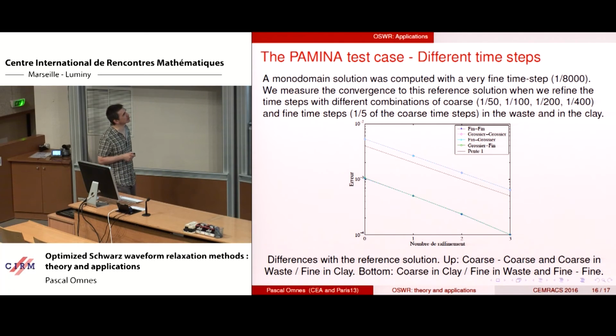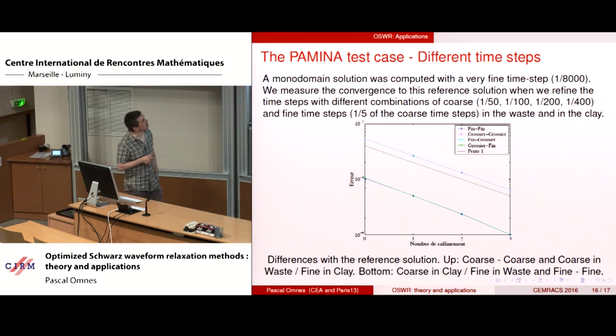The reference one is when you have fine time steps everywhere. This is this line. So you converge with order 1. This is the order 1 slope. So you converge with order 1 to the reference computation.